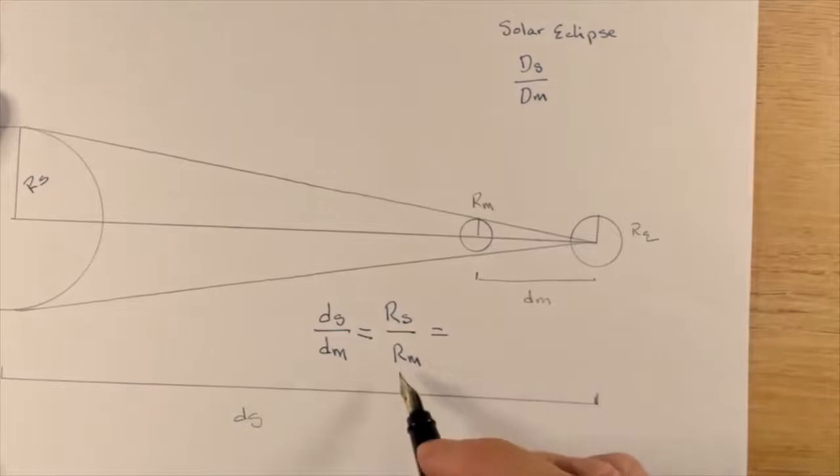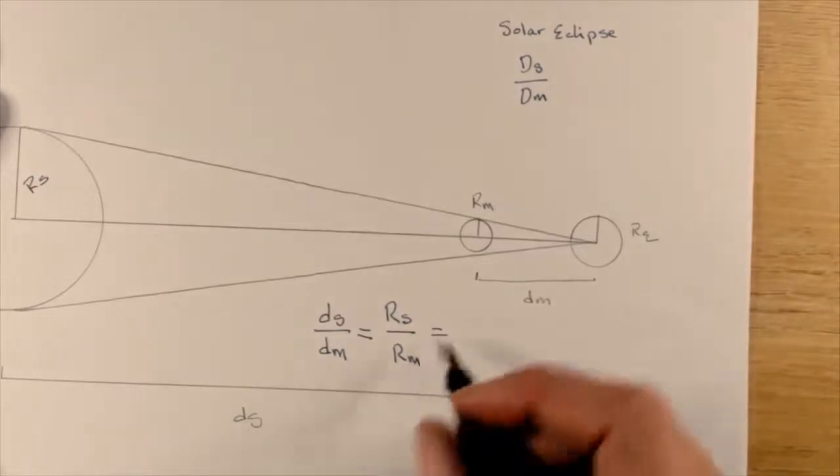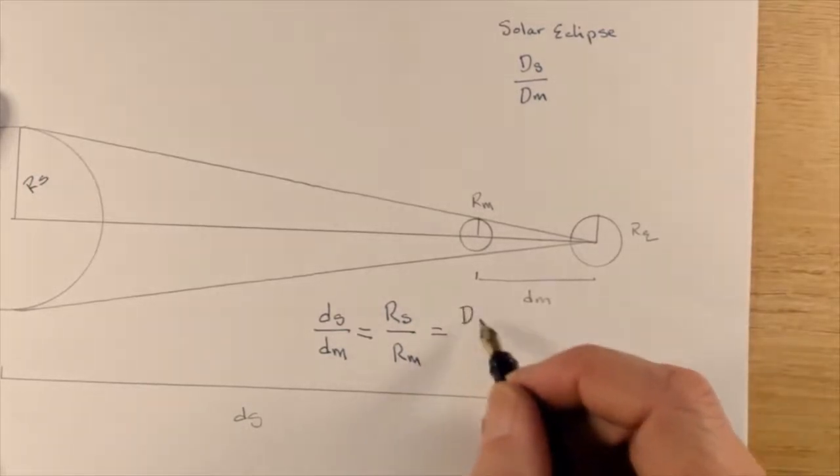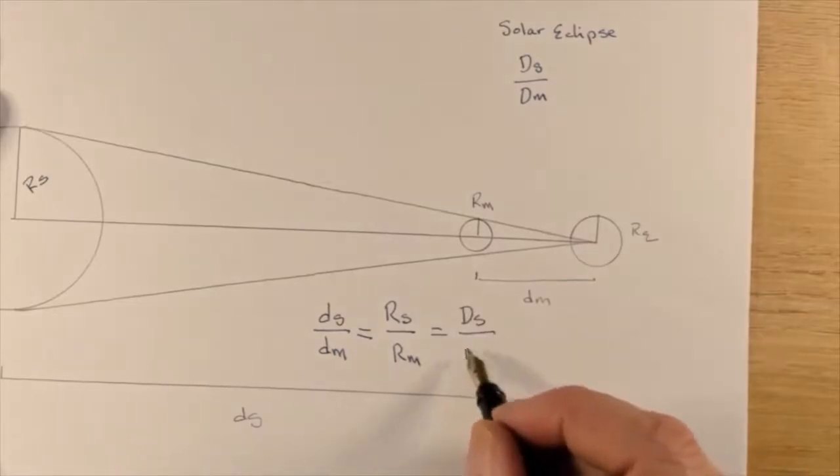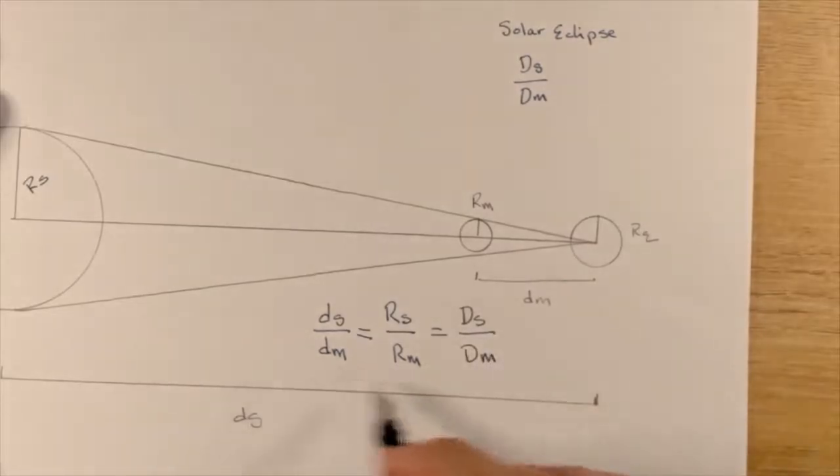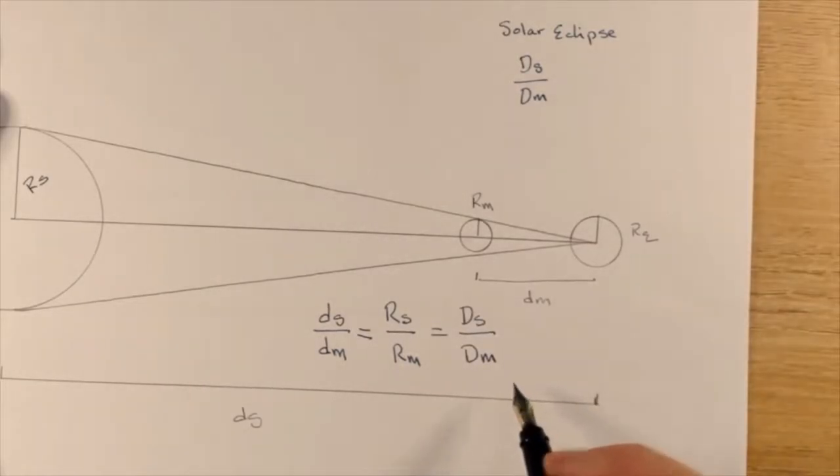And since the radius is simply half the diameter, we can also say that it's the diameter of the sun over the diameter of the moon. These are all equivalent terms because we're comparing similar triangles.